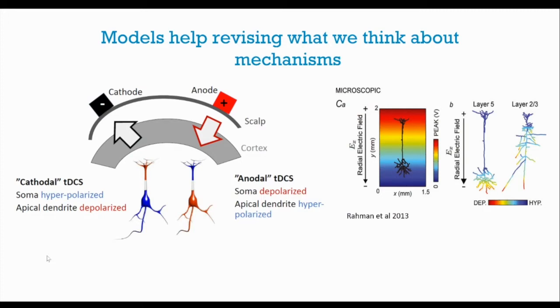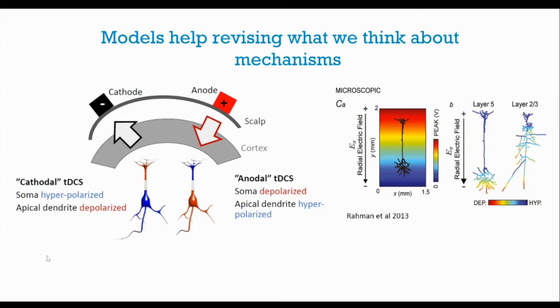But this is actually an interesting example from a study by Rahman a few years ago, a really compelling, interesting study measuring the fields on different types of cells in different layers, and then also developing a model to interrogate this further.